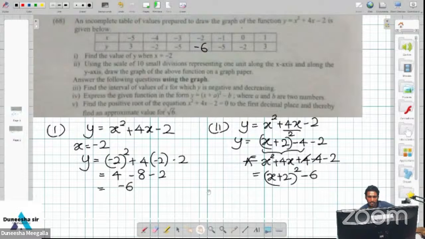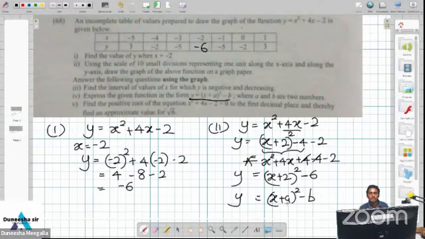Okay. Then y equal to x plus 2 square minus 6. Then y equal x plus a square minus b. We form to the x plus a square minus b.